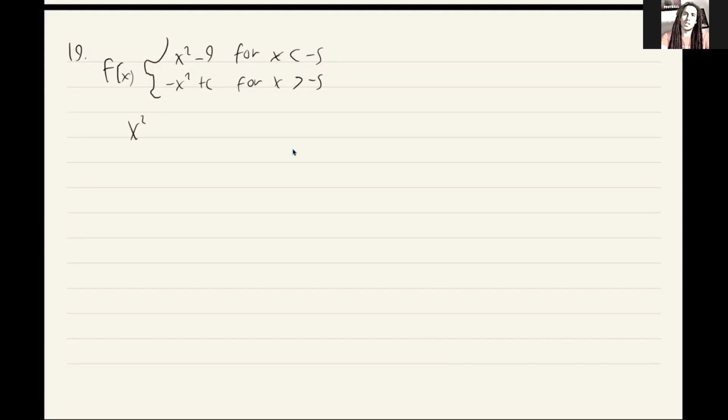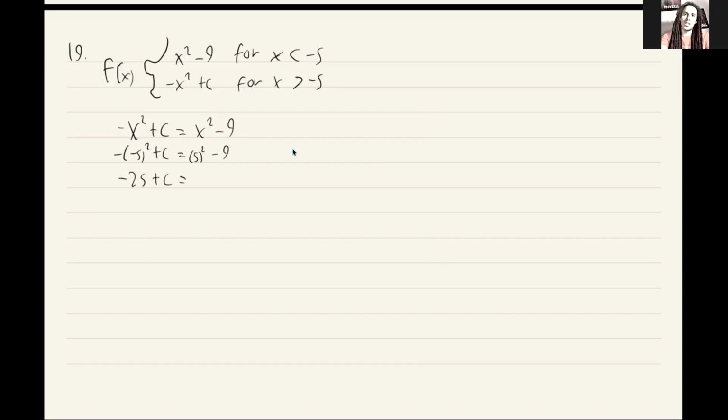So we'll do x squared minus 9 equals negative x squared plus c. Actually, let's do it the other way. So we are going to plug in the negative 5 into x. The negative 5 squared is going to be a positive 25, but when you multiply by a negative, that equals a negative 25.